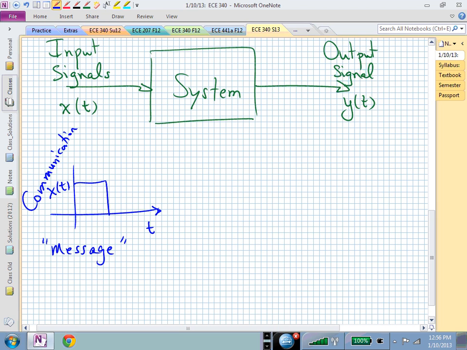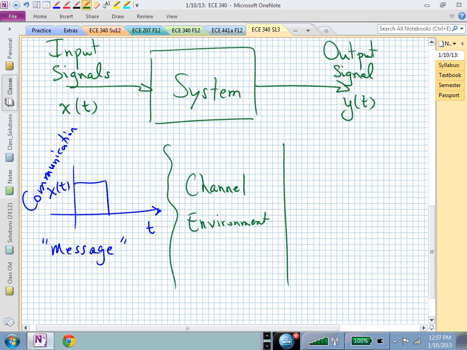The system is now the channel where that's going. If I pulled out my phone and I called somebody, now that has to be transmitted through the environment or the channel. That may contaminate or change this signal by this very system or nature of where this signal is going.